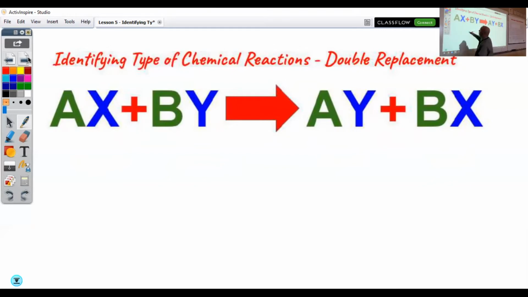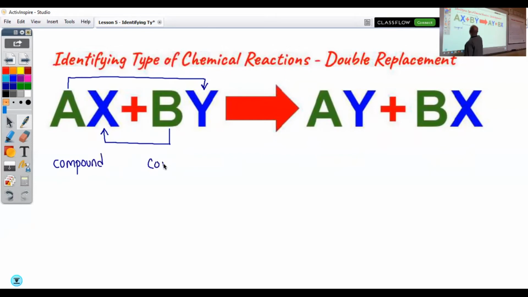So in this case, A will combine with Y, and B will combine with X. So our new products are going to be AY and BX. So in these types of problems, we need two compounds, and we form two new compounds.